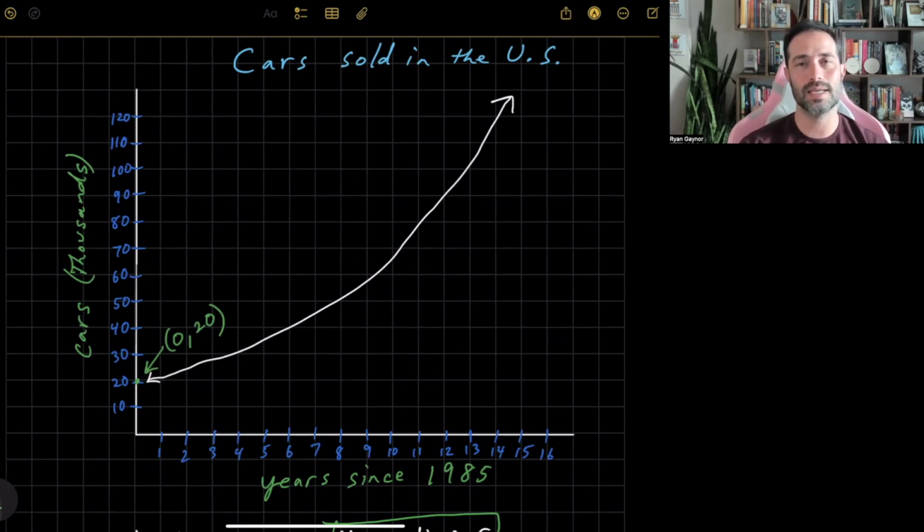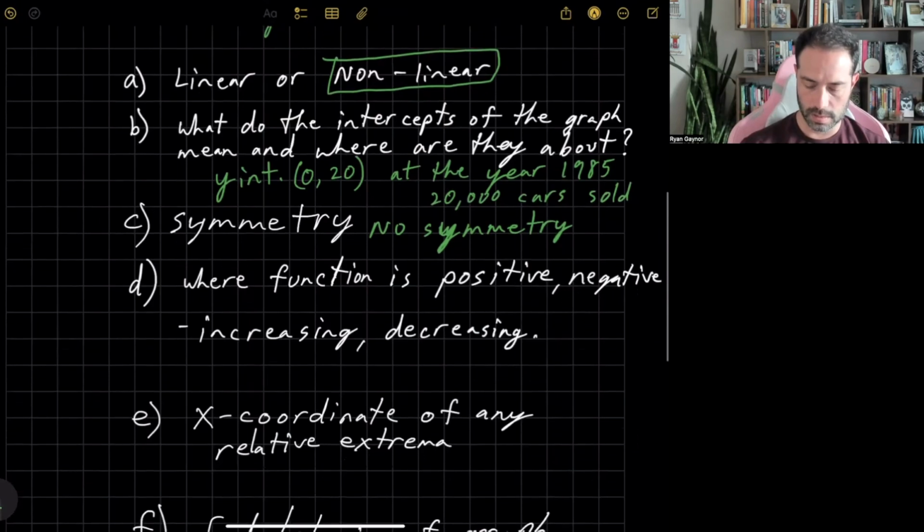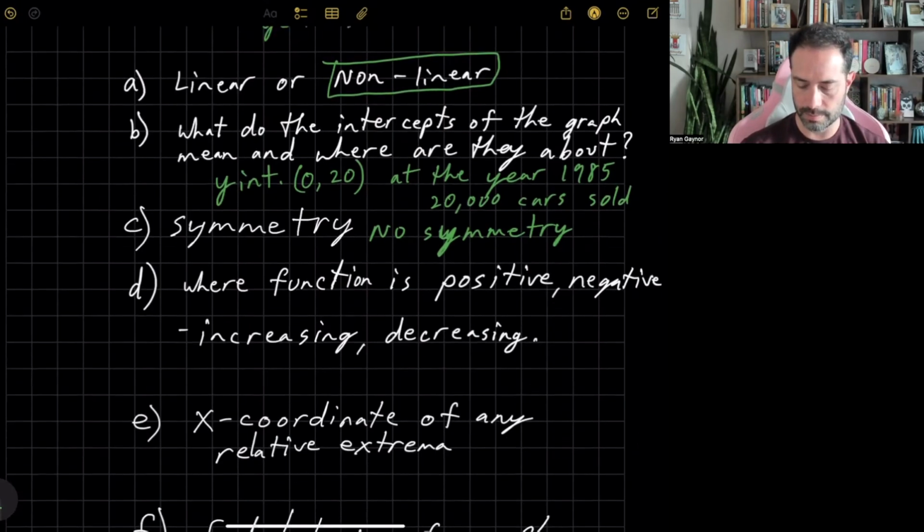Then as I continue going to the right side, it's still above the x-axis the entire time. So I would say the entirety of this graph is positive. So for the positive part, right, I would say all.